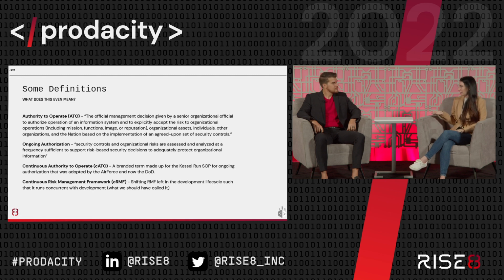So cATO had to come to light to assess the processes to allow it to continuously happen, because we created this in some way, shape, or form in the government, we created this restriction around personnel that wasn't allowed to let RMF be done the way it was supposed to be done, actually. Yeah, I love that.